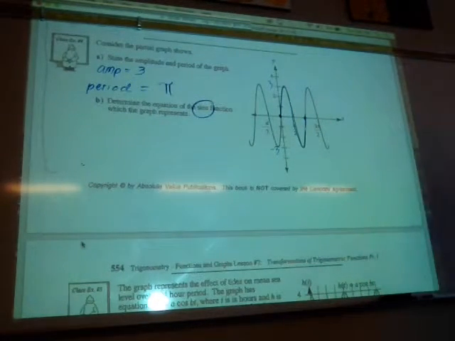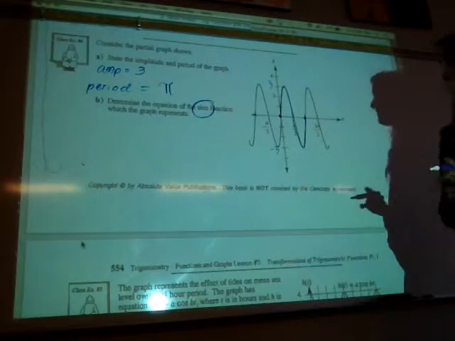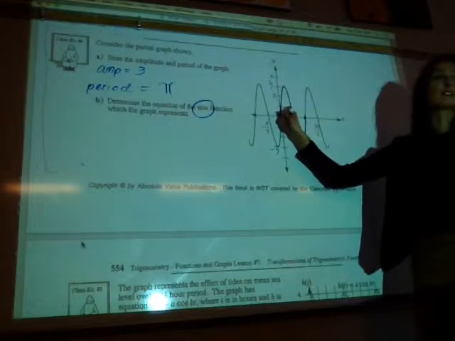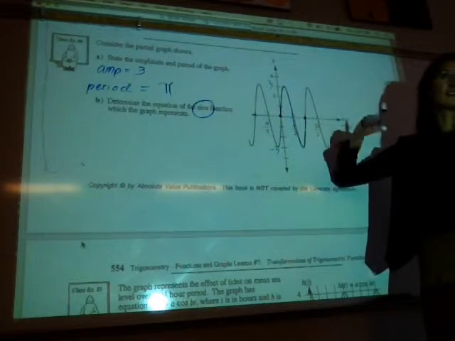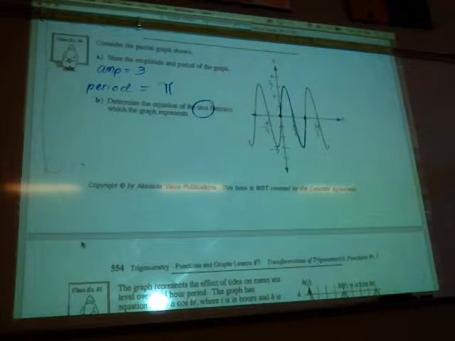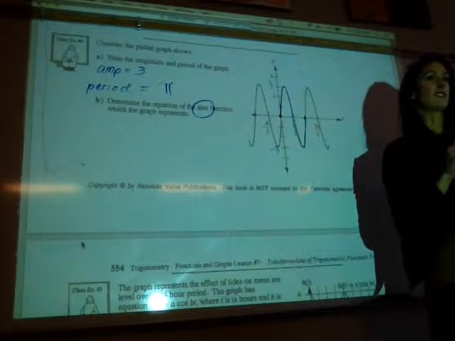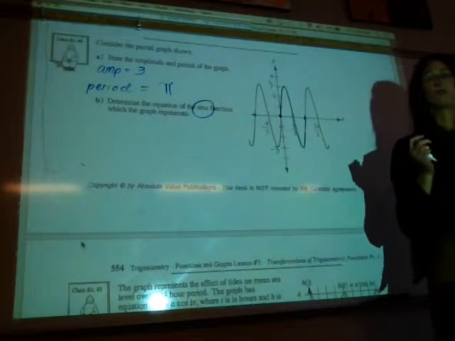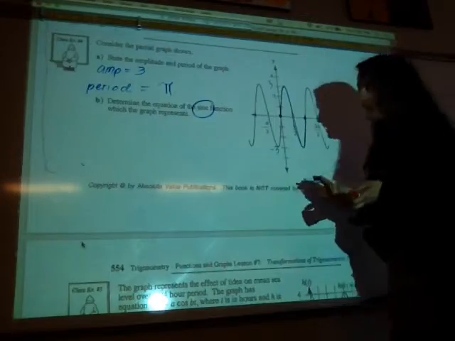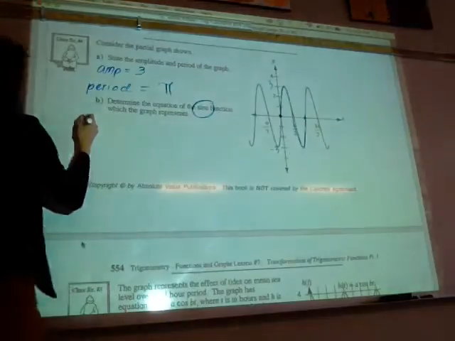So if you're ever unsure, sometimes it gives it away for you. But you have to memorize that sine goes through the origin. Cosine starts 1 up. They look very similar, and as we're getting into transformations, you have to be able to determine which is which.